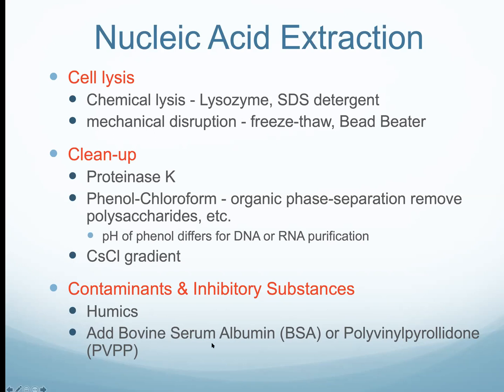So bovine serum albumin, which is just protein, right? This can be added to a PCR tube, or you can add polyvinyl pyrrolidone, or there are some other chemicals that are sometimes added, and that can help remove or sequester the inhibitors as you try to run the PCR with it.